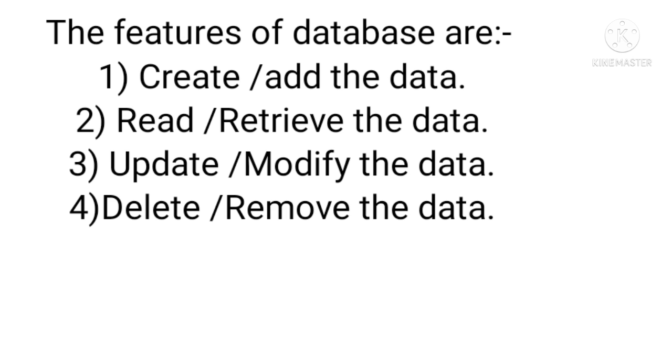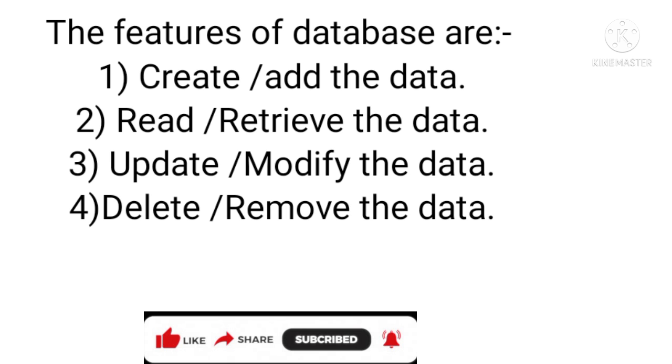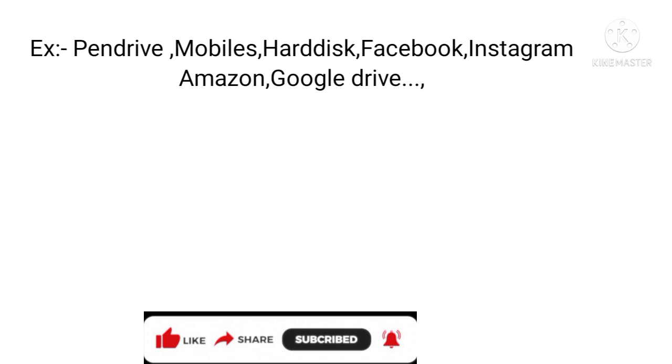Examples of database: you can give any electronic storage devices and application software as an example. For example, pen drive, mobile, hard disk, Facebook, Instagram, Amazon, Google Drive, etc. Google Drive is used to store the data.